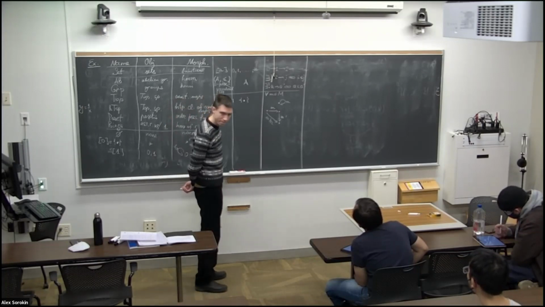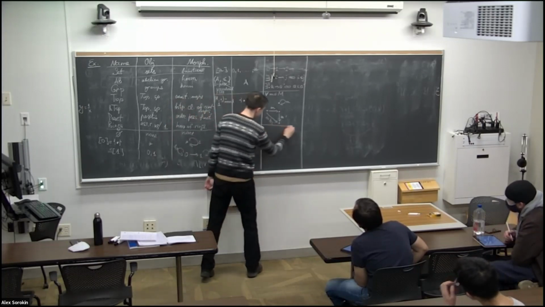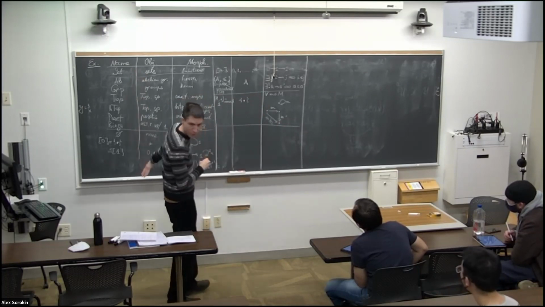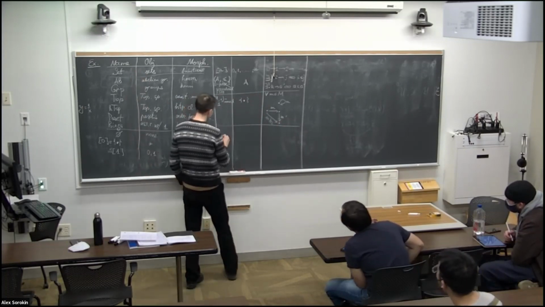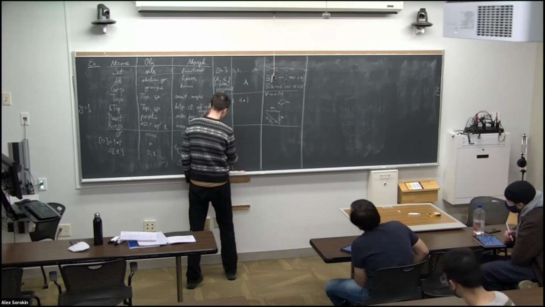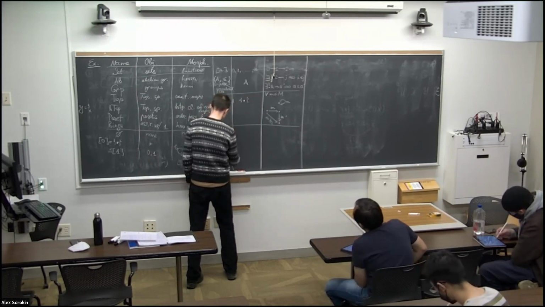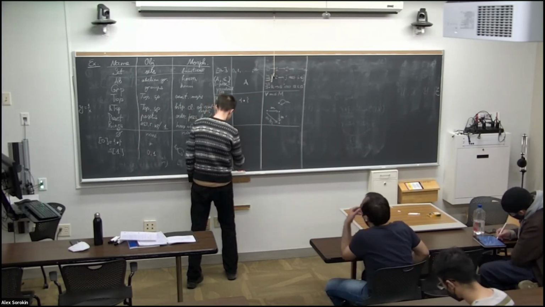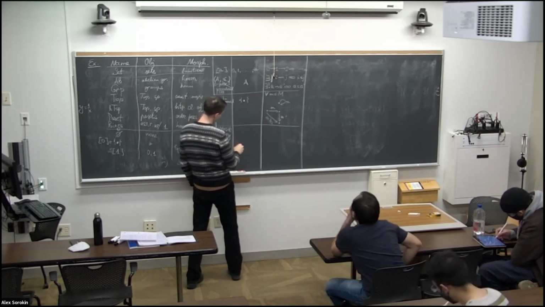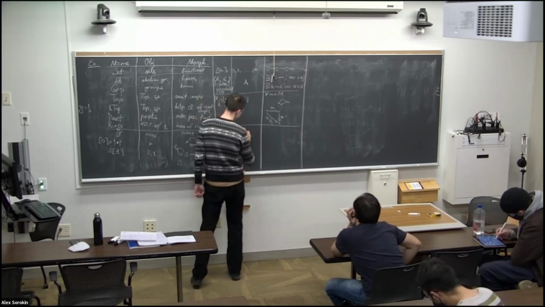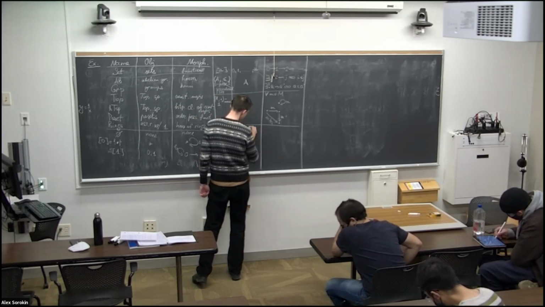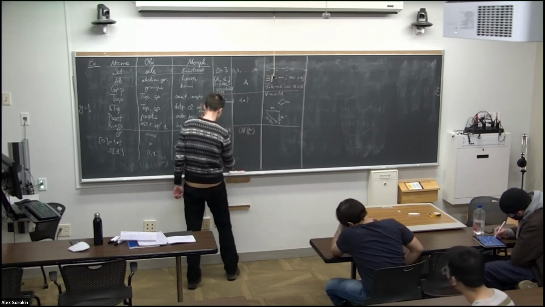Okay? So what is the opposite category? We are still going by examples. The opposite category has the same set of objects. It's written C^op.